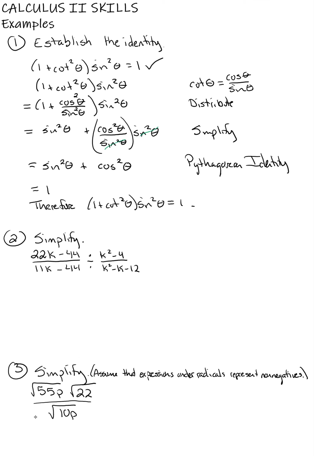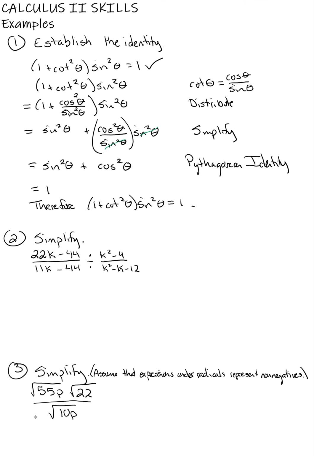We want to simplify (22k minus 44) over (11k minus 44) divided by (k squared minus 4) over (k squared minus k minus 12). Now this is a rational expression, and we're trying to find the quotient. Remember, quotient means division. So this is a division problem.